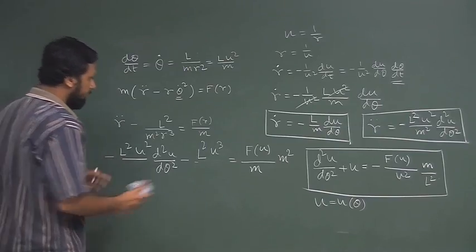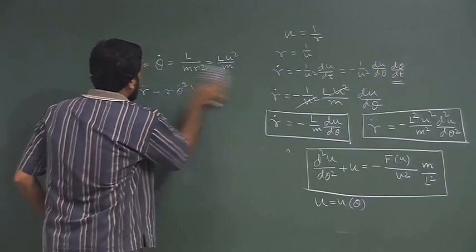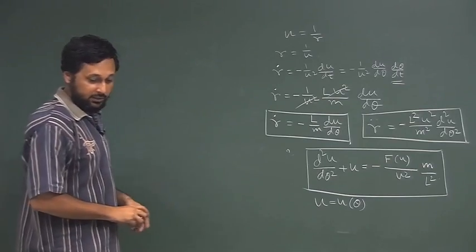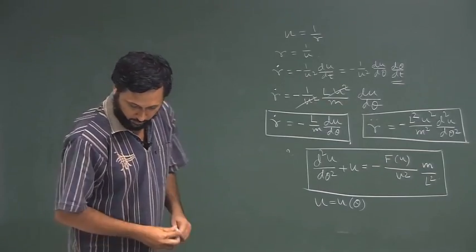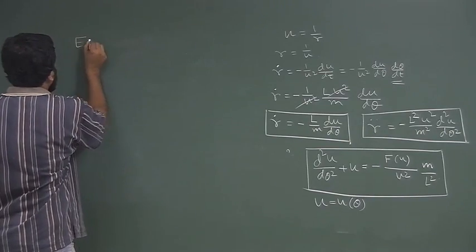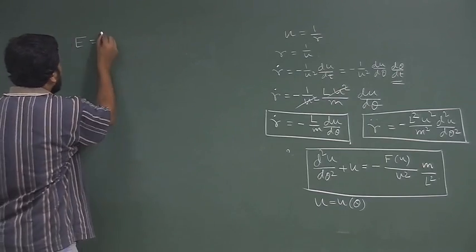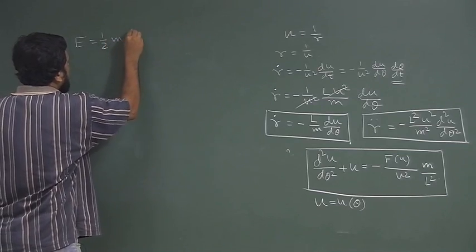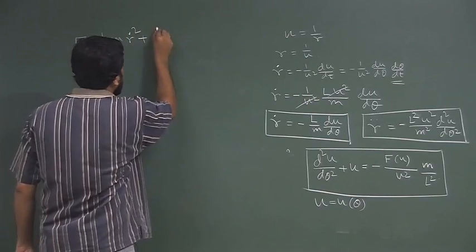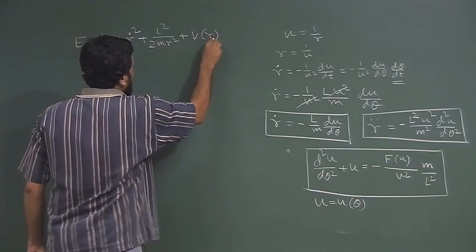Now, before going there, we can also get an alternative equation which is not a homogeneous equation, but a first order equation. If you recall, the energy expression was E equal to kinetic energy plus potential energy. So, you will simply get E equal to half m r dot square plus L square by 2 m r square plus V of r, right.